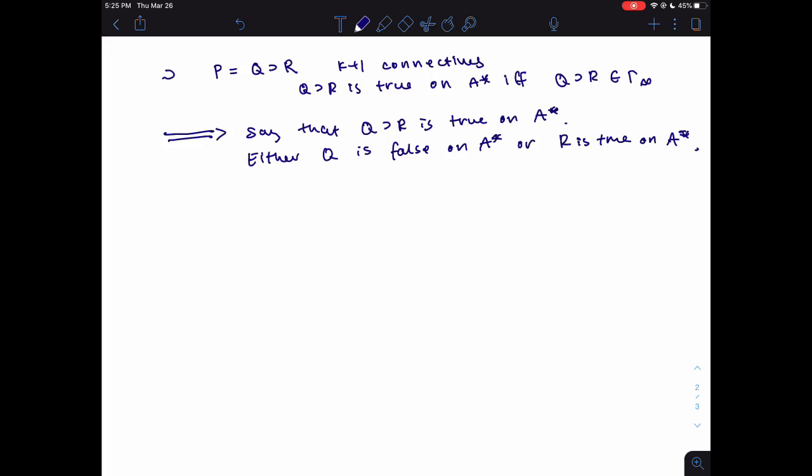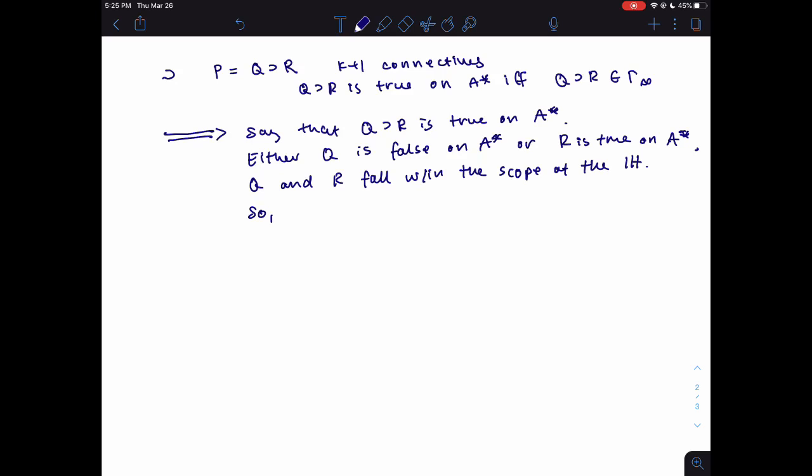Now we know that both Q and R fall within the scope of the induction hypothesis, which I'll abbreviate to IH. Both Q and R have fewer than K plus 1 connectives, so we can apply the induction hypothesis here.